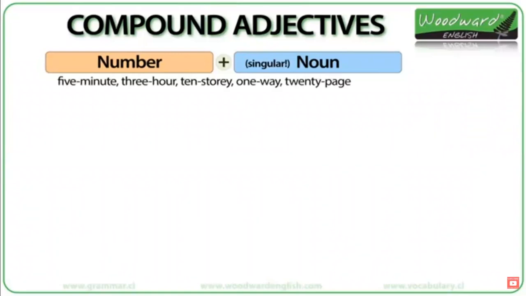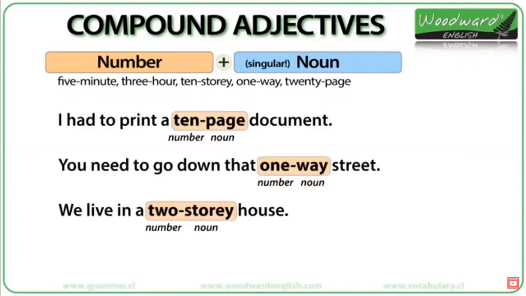Some examples of compound adjectives that are made from a number plus singular noun include 5-minute, 3-hour, 10-story, 1-way, 20-page. Our example sentences: I had to print a 10-page document. No S at the end of page. You need to go down that 1-way street. We live in a 2-story house.